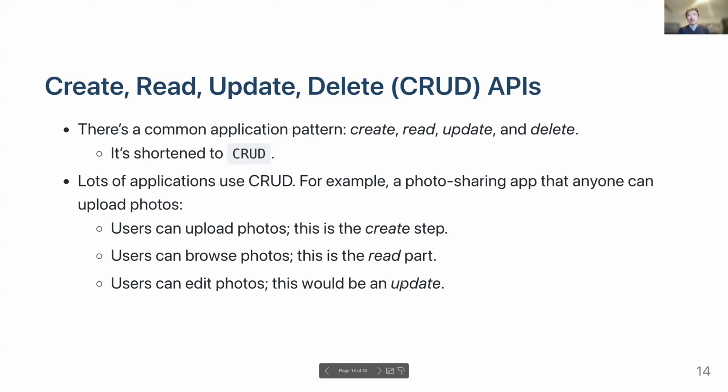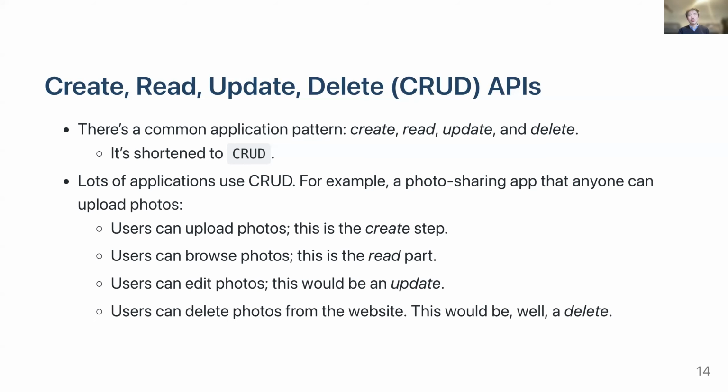And this will be the update, essentially changing a record which is already in the database. And finally, we can delete the photos from the database, and this will be delete. So these are the different types of operations that you will do through the API to the database.